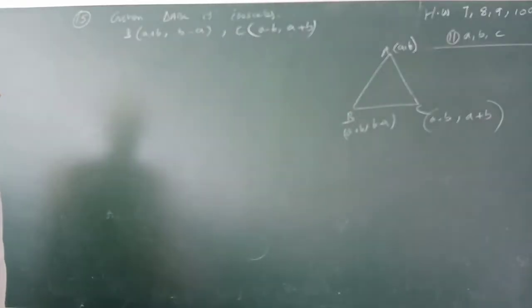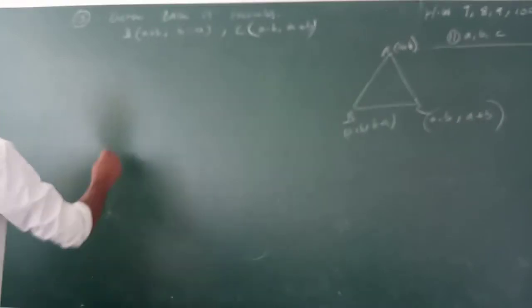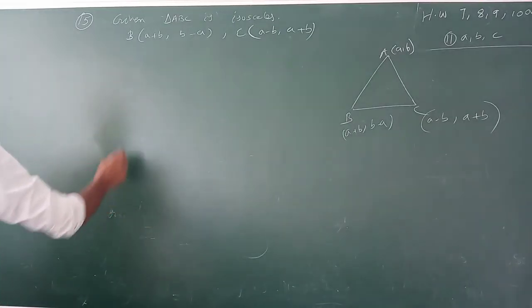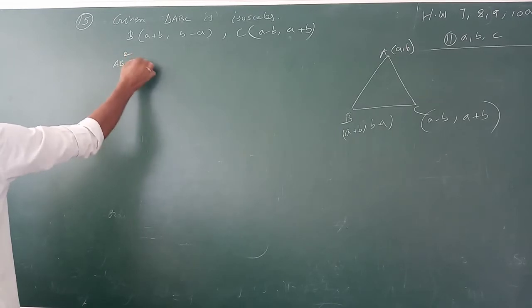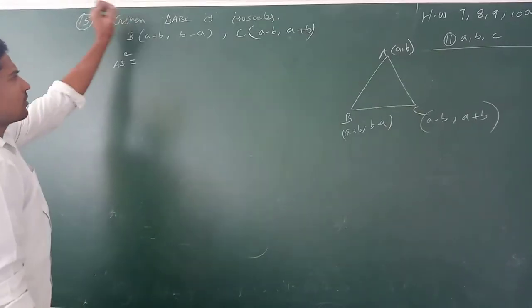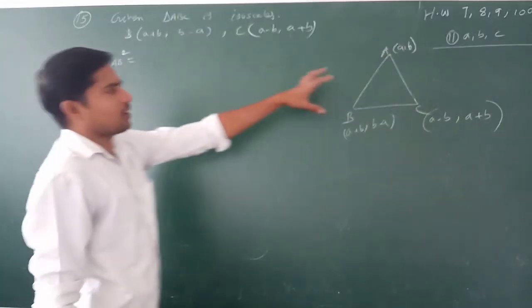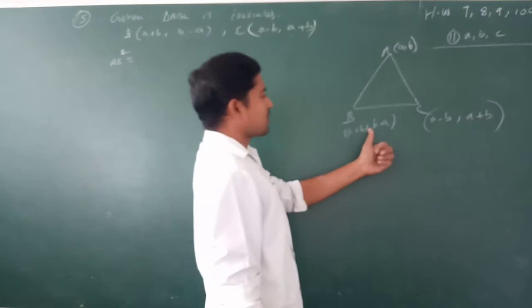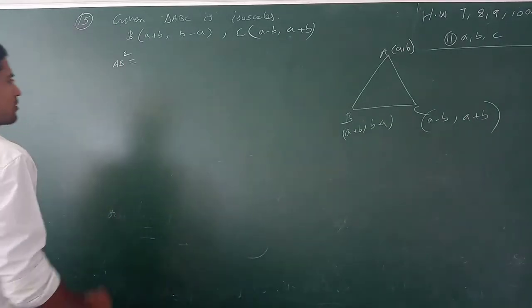AB square equal to, A coordinates x1, y1 are (a, b), B coordinates are (a plus b, b minus a). Then x2 minus x1 whole square plus y2 minus y1 whole square.